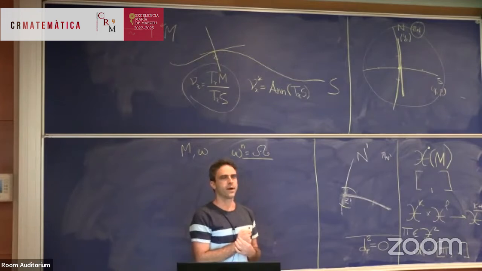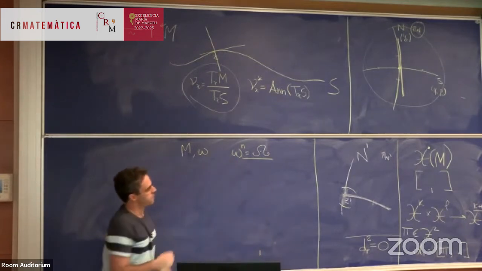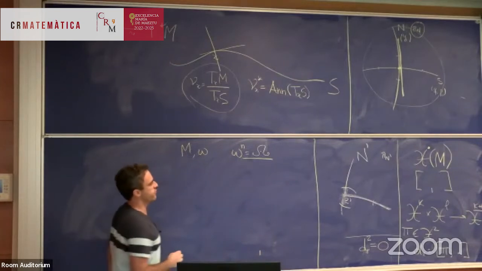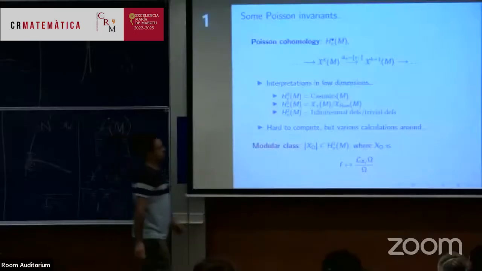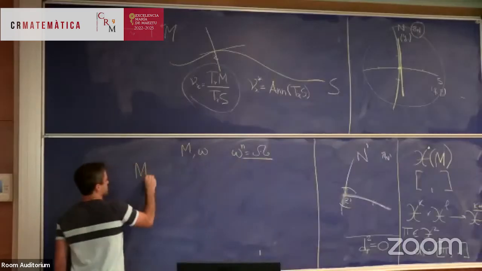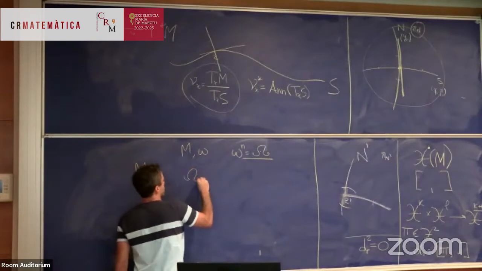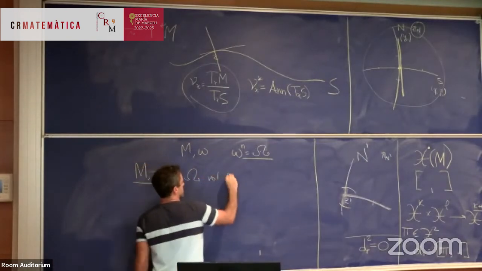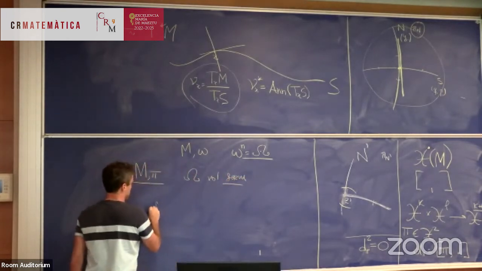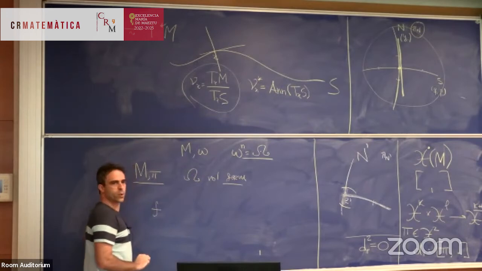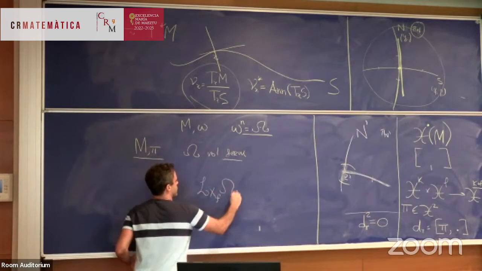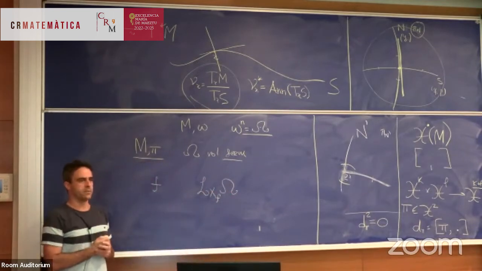Good. So how do you define this modular class? Here's a definition. If you fix on a Poisson manifold a volume form, so suppose it's orientable, then given any function, you can consider its Hamiltonian vector field and see if this volume form is preserved by it or not.